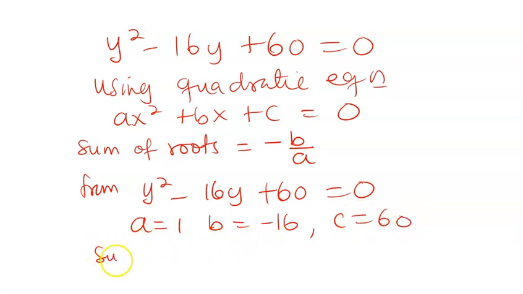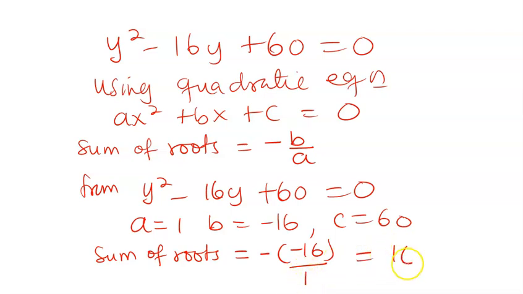So the sum of roots will be equal to minus minus 16 over 1, which is 16. That is the first method.